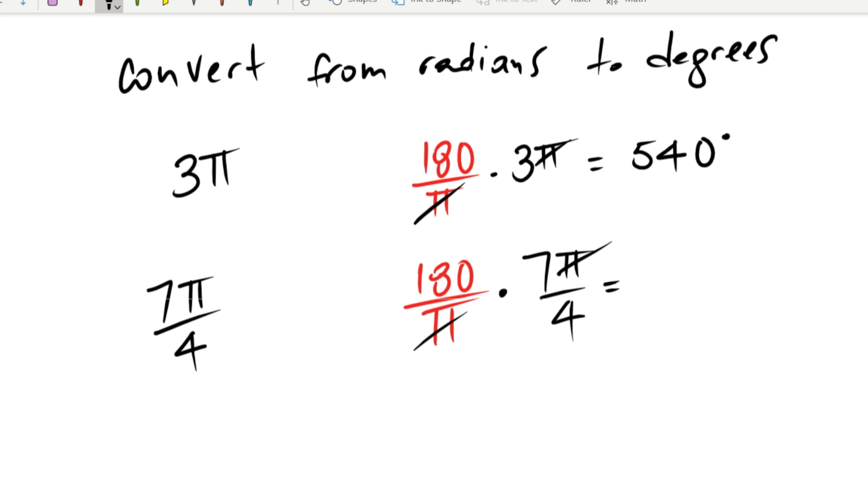And we know that 180 divided by 4 gives us 45. 45 multiplied by 7 is going to be 315 degrees. Okay, I hope you understood this lesson.